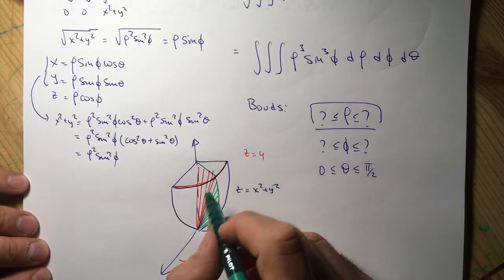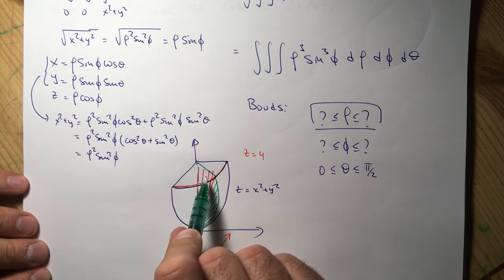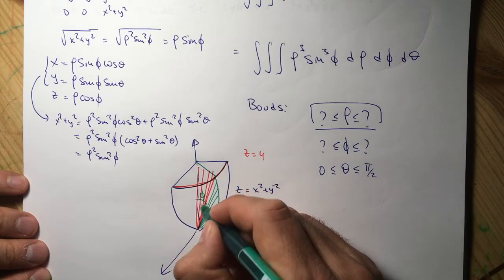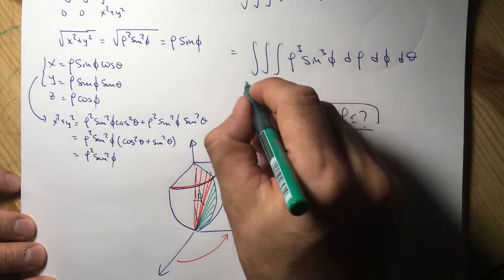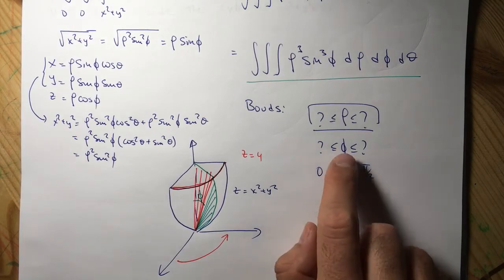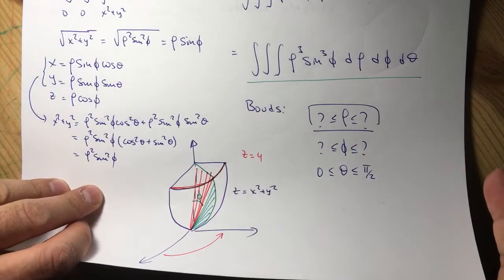Okay, which means that rho has a completely different upper bound depending on this particular phi. Which means that in order to set up this triple integral, we have to split it with respect to phi.